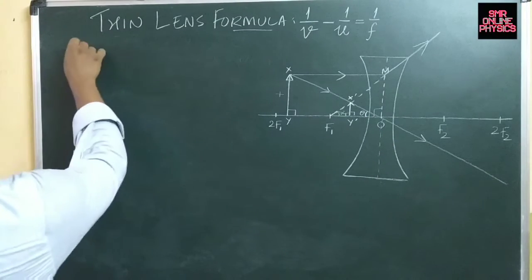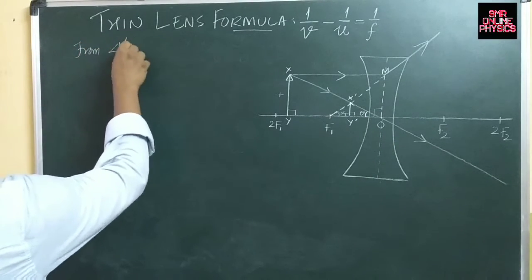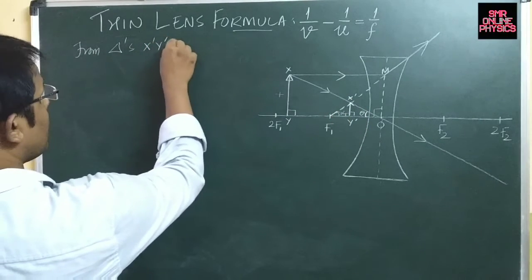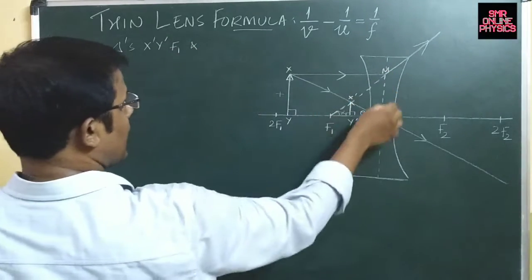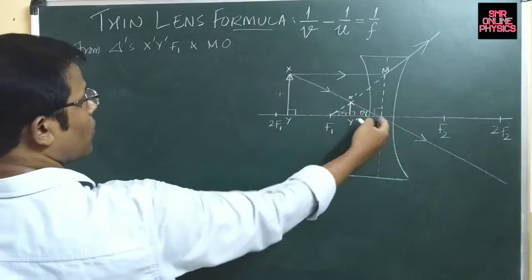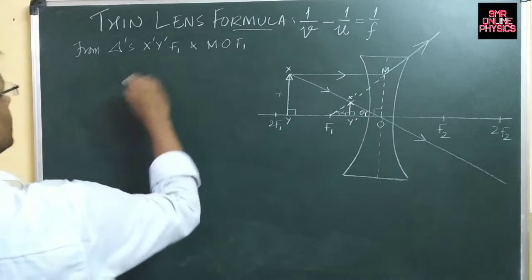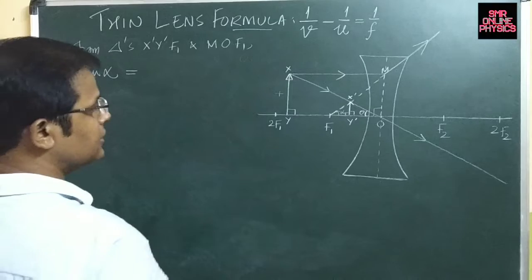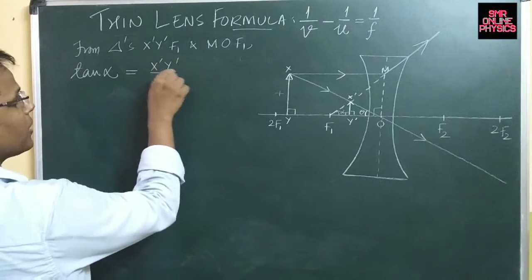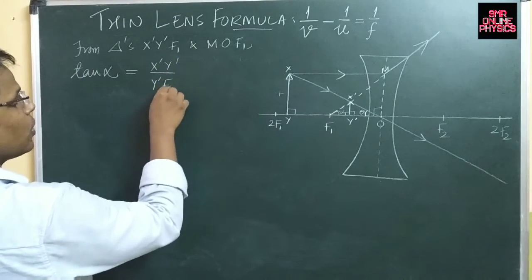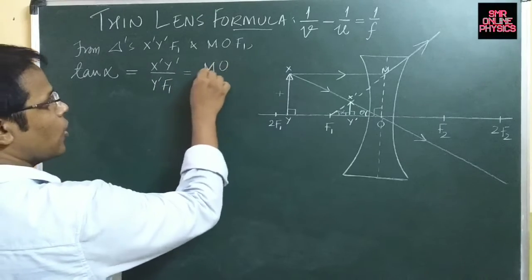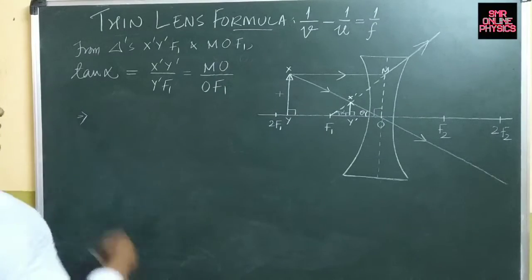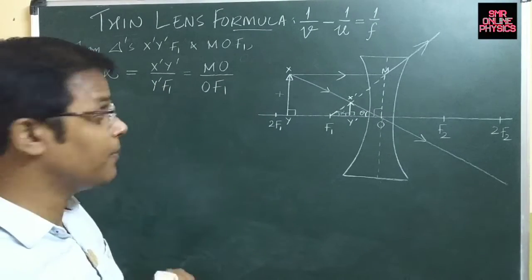So again, from the triangle x prime y prime F1 and the triangle M O F1, we have the tangent of alpha being exactly equal for both. So you can write x prime y prime by y prime F1 should be equal to MO by OF1. If you observe this equation carefully, we know what this x prime y prime is.